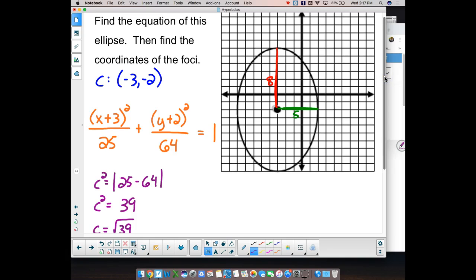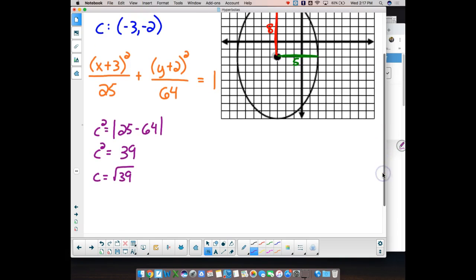It's vertical. So that means I'm going to add my c value to my y part of the center. So that tells me that the foci are at negative 3, comma, negative 2 plus or minus the square root of 39.